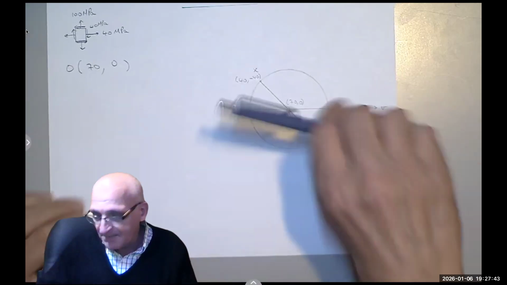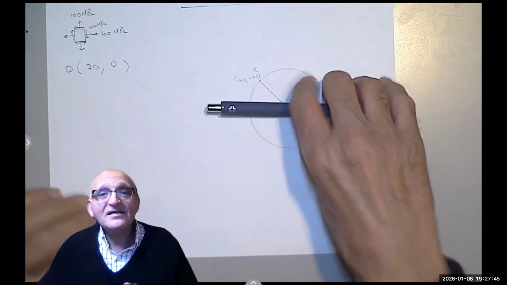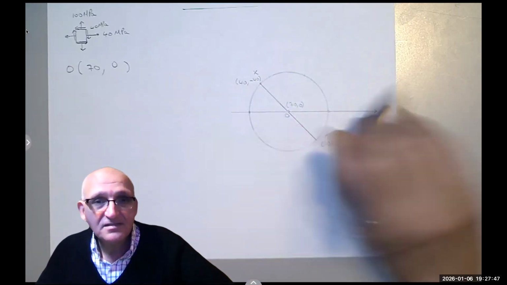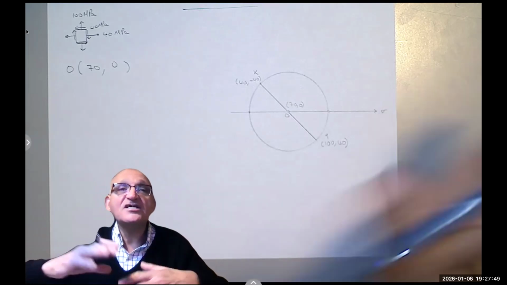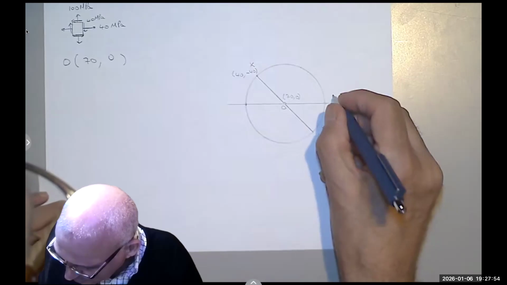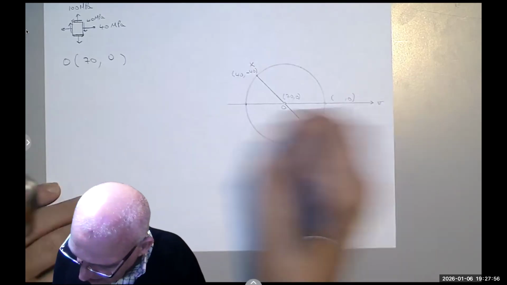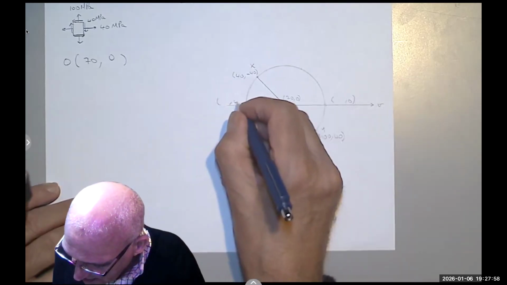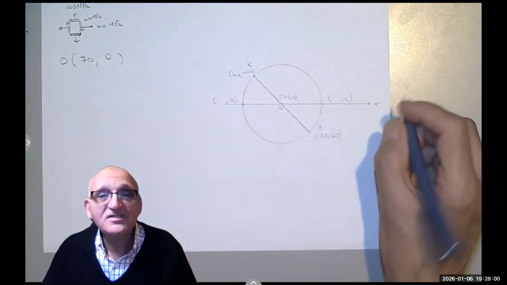So there is a plane where there is no shear acting on it. It's just normal. All the shear is transformed into normal. I want to know what is the value here and here. We call these the principal axes.